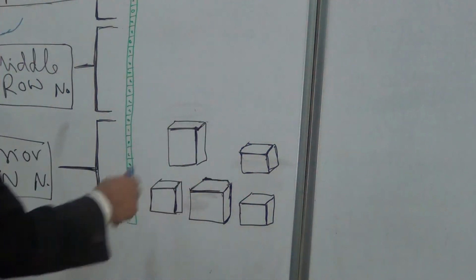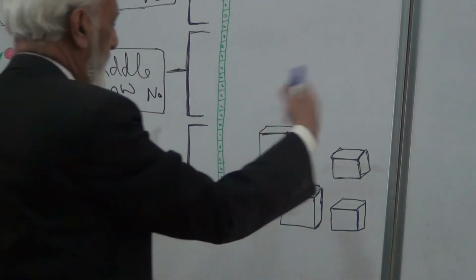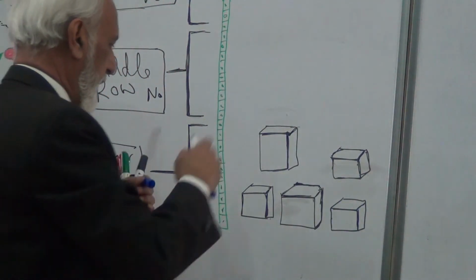Now these are nuclei in the anterior row of the hypothalamus, medial side and lateral side.